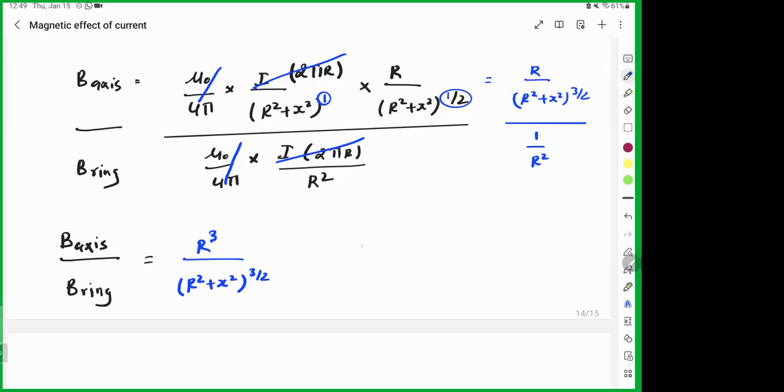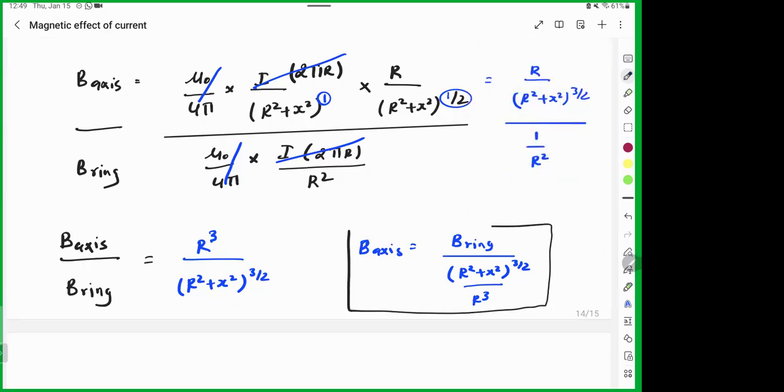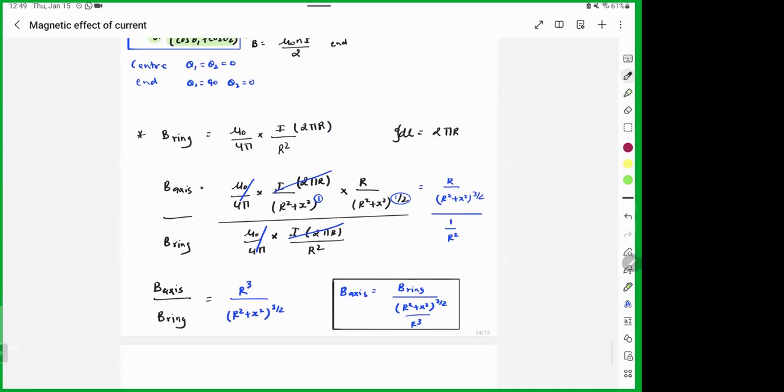That's why we wrote here B at axis equals B ring multiplied by r cube divided by r square plus x square whole 3 by 2. I didn't teach them this because I told them you can ignore it, but because you asked, I thought just take the axis formula, take the ring formula, take their ratio, and you will get the answer. Any other doubt, guys? Anybody?